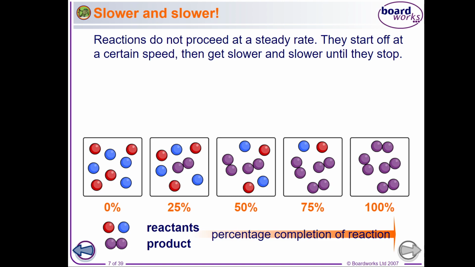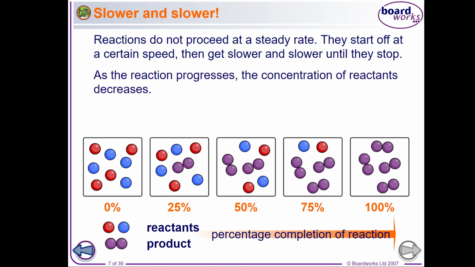Therefore, we're not going to have as many possible collisions to make it go forward quite as fast as it was in the beginning. We'll keep that in mind, especially when we talk about concentration and reaction rates, because as our concentration goes down, there are different rates of change, and those are going to be our different orders of reaction that we're going to go over here.